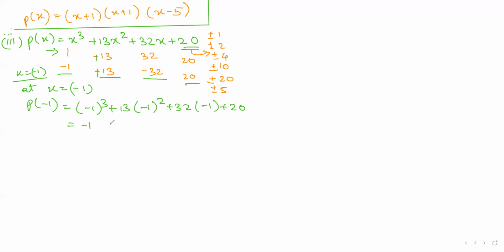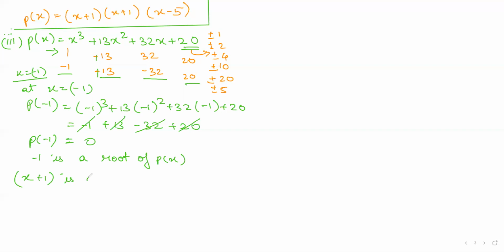This is equal to minus 1 plus 13 minus 32 plus 20, which we know will get cancelled with each other to get 0. Which means minus 1 is a root of P of x, or x minus of minus 1, which is x plus 1, is a factor of P of x.